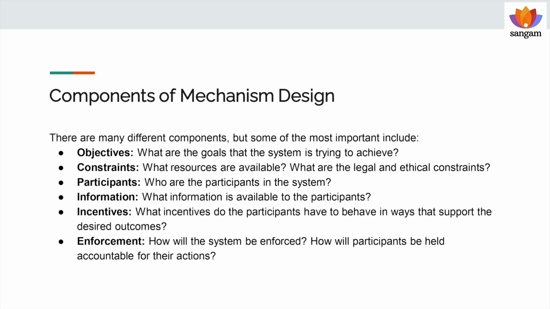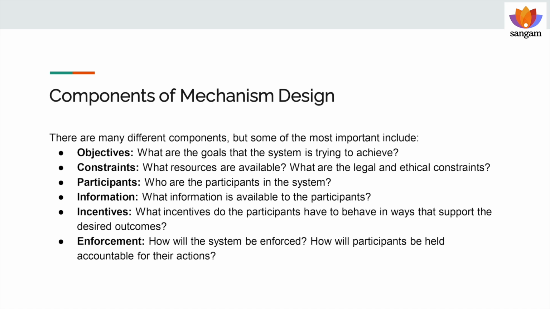Different components of mechanism design. There is an objective: what are the goals of the system that you are trying to create? What are the constraints? What are the resources available to them? Is there any legal or ethical constraints? Participants: who are the participants in the system? Information: what information is available to the participants?